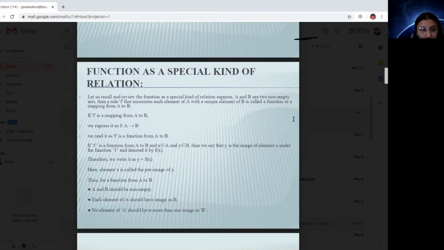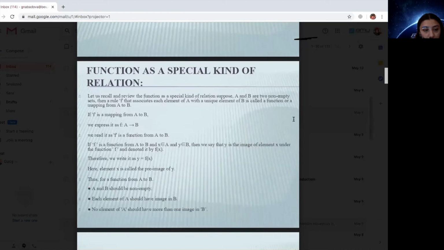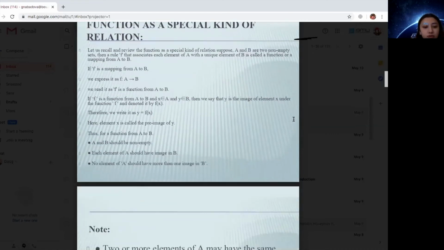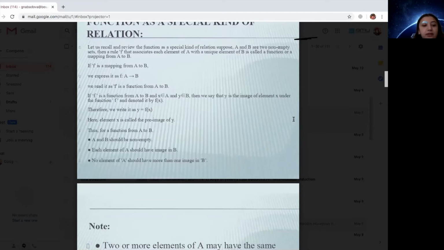Here it says element x is colored. Look here. We write a function as y equals f(x), and here x is called the pre-image of y, and this function is from A to B. A and B should be non-empty. These are just rules for them, and we have a little note there.